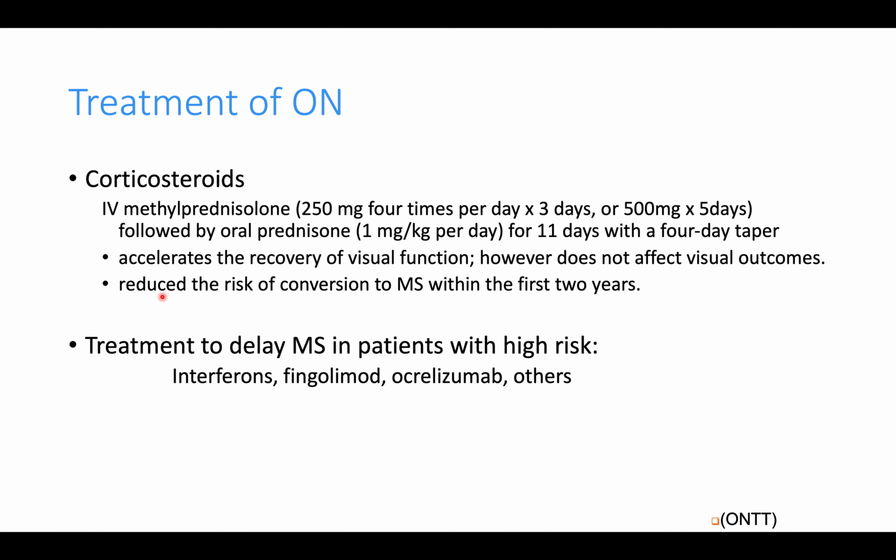And also, another benefit of corticosteroids is that it reduces the risk of conversion to multiple sclerosis within the first 2 years. I mean by that, optic neuritis doesn't mean that the person has multiple sclerosis, but it is very common that the patient could have multiple sclerosis, so corticosteroids are very good to reduce the risk of conversion to multiple sclerosis in the first 2 years.